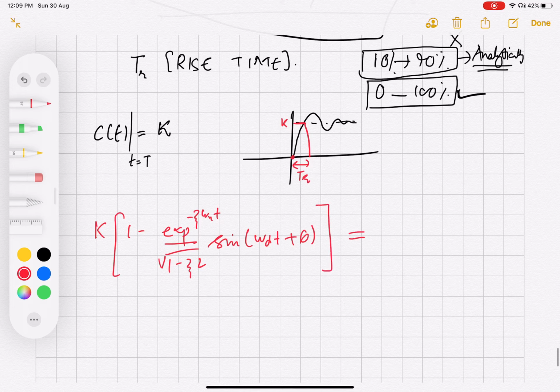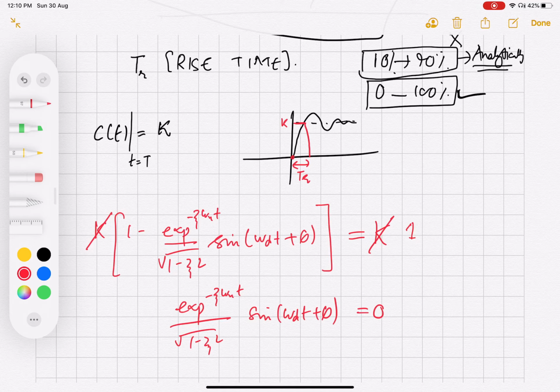This should be equal to K, and this is going to be possible if we cancel this K out, and you have 1 on the right hand side. You subtract this one from this one here. You have exponential minus zeta omega nt divided by under root of 1 minus zeta square times sine omega dt plus phi. This has to be equal to 0.